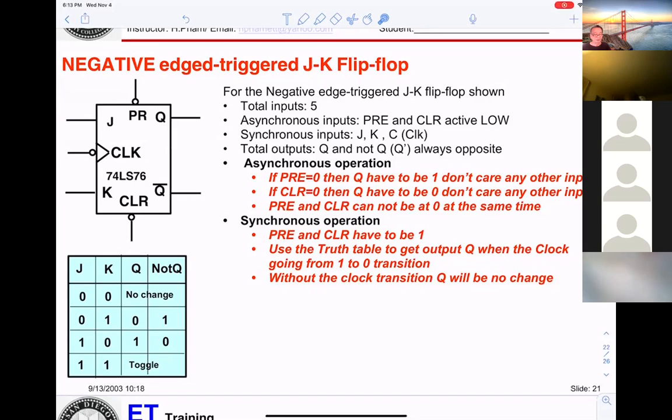When you say toggle, what does that mean? Changing your state. So if it's a 1, it goes to 0. If it's 0, go to 1. Exactly. Toggle means if it was 0 now, it goes to 1. If it's 1, then now it goes to 0. That's it. That means toggle.